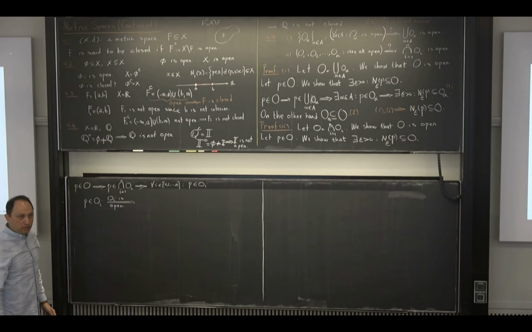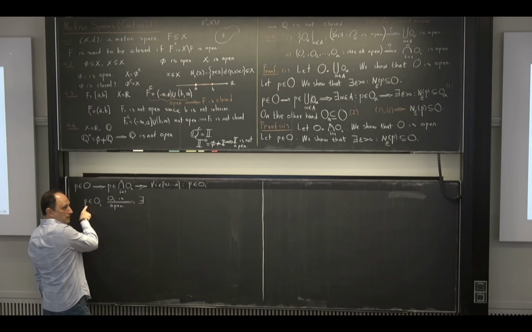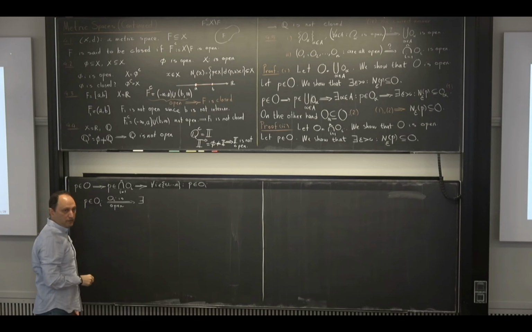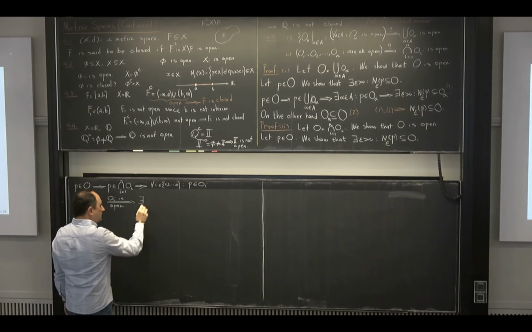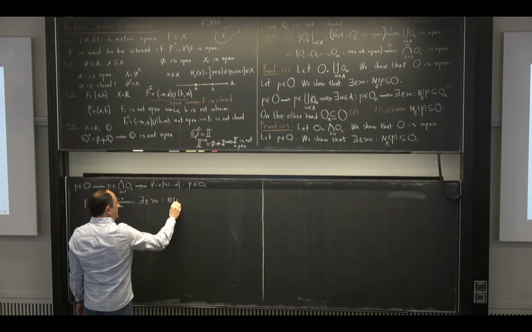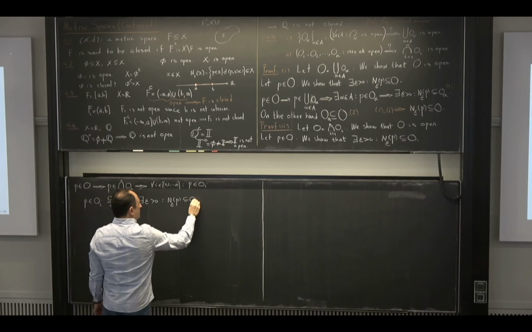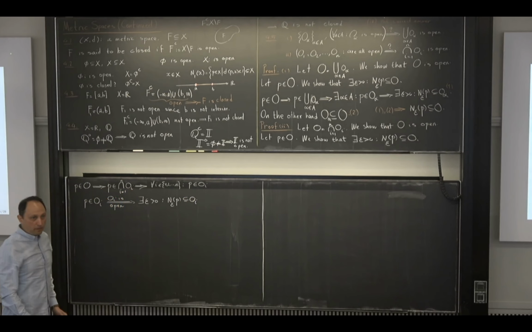Yes? So what can I conclude? The existence, so this means this is an interior point. The existence of what? Epsilon greater than 0 such that the neighborhood centered at P with radius epsilon is a subset of O_i. Do you agree with this one?